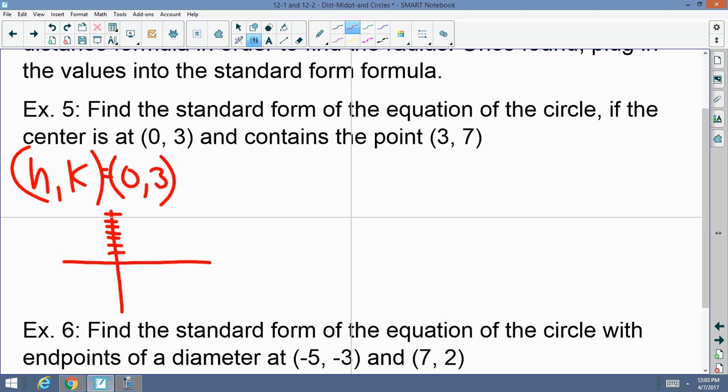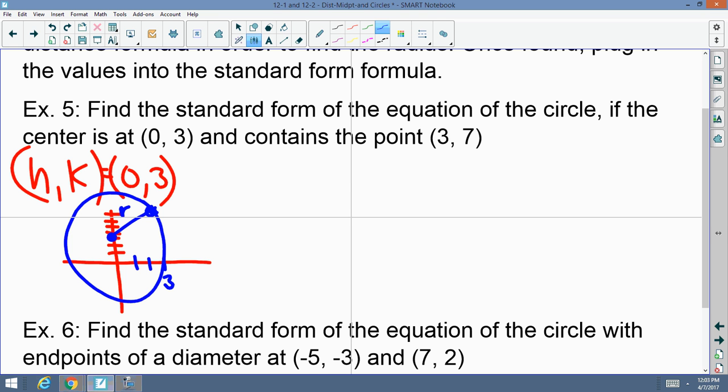0, 3 is my center. And this circle goes through 3, 7. Goes through here. So this is my radius, and it goes something like this, right? So guys, what do I need to find? I need to find the radius, right?